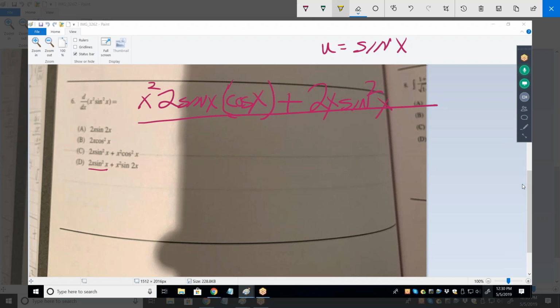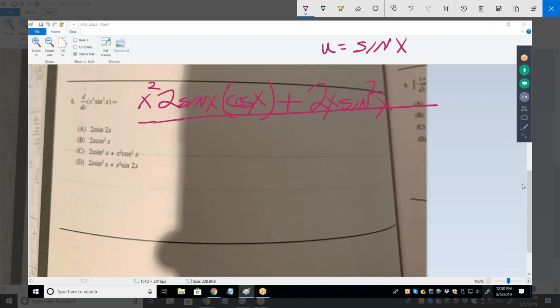Okay, let's see. Can we simplify that any? I'm not sure. I don't see it simplified anywhere. We can definitely do some factoring. I could factor out an x, I could factor out a 2, and I could factor out a sine x. Let's try doing that.